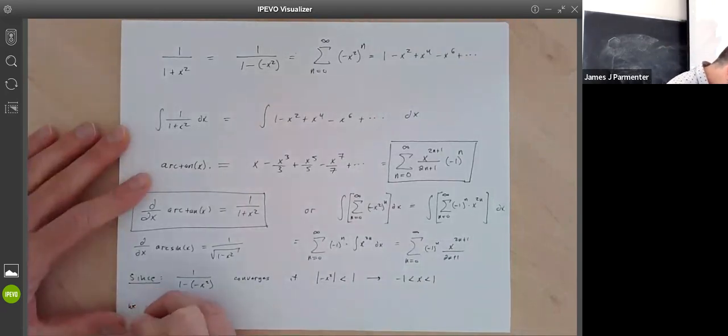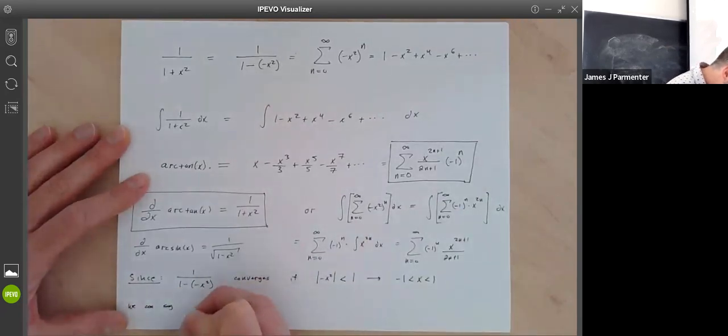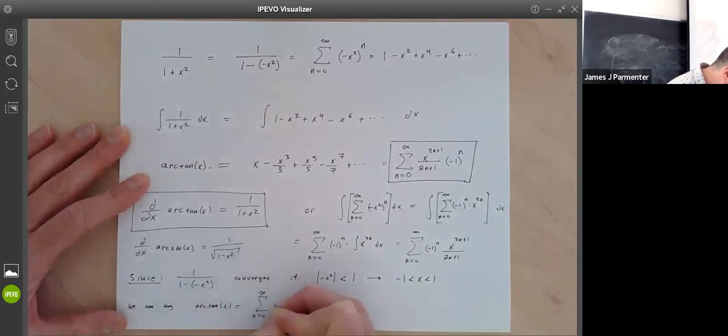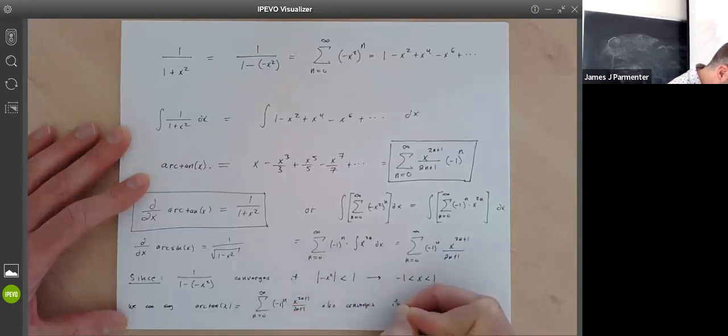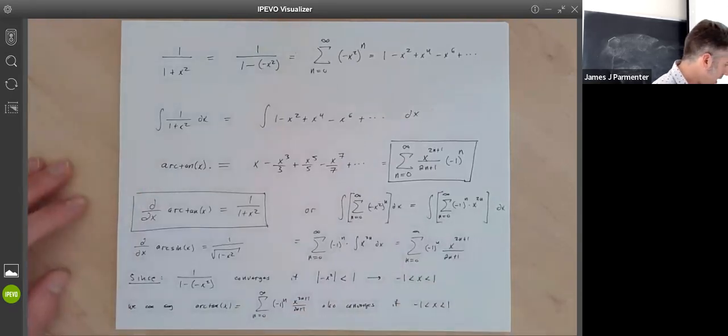And then we can say that this new series, arctangent of x equal to the sum from n equals 0 to infinity of -1 to the n times x to the 2n plus 1 over 2n plus 1, also converges if x is less than 1 and bigger than -1.